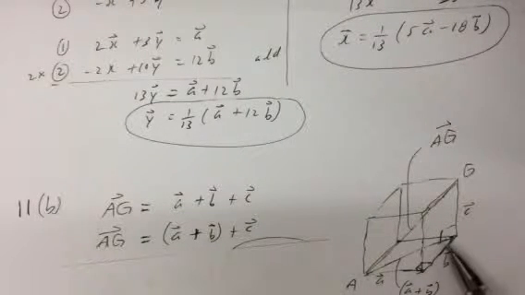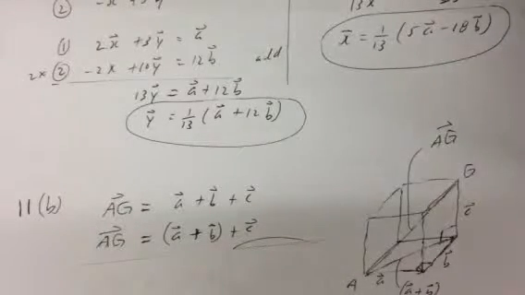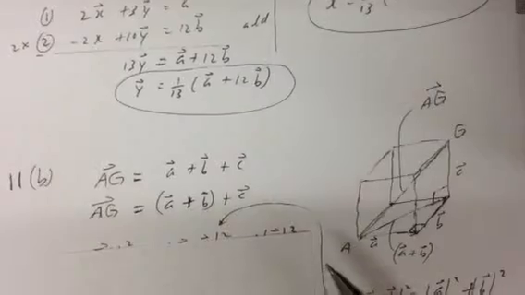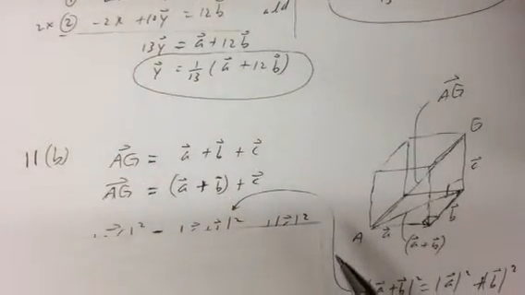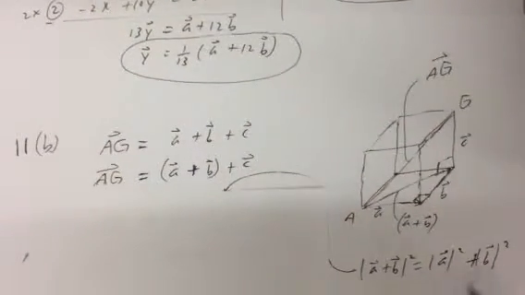Well, a plus b is the hypotenuse of the triangle with edges a and b, and so we should be able to use Pythagorean theorem for that. Okay. So Pythagorean theorem basically says that the magnitude of a plus b squared equals a squared plus b squared, magnitude of each of those. So we've got this.